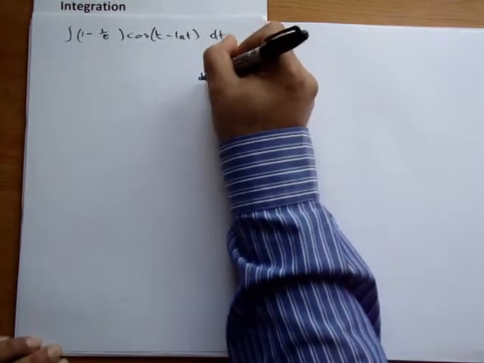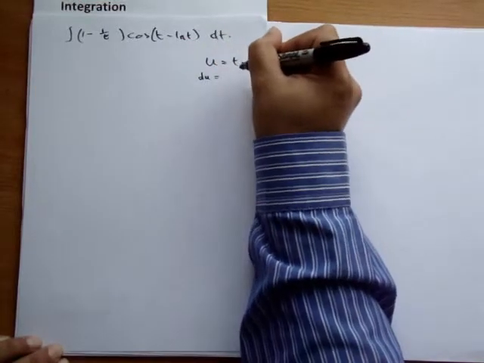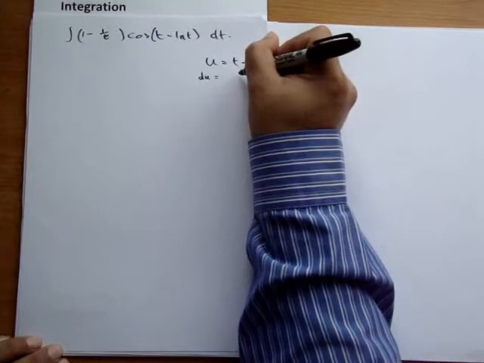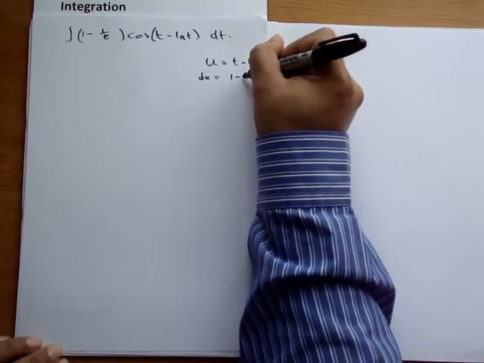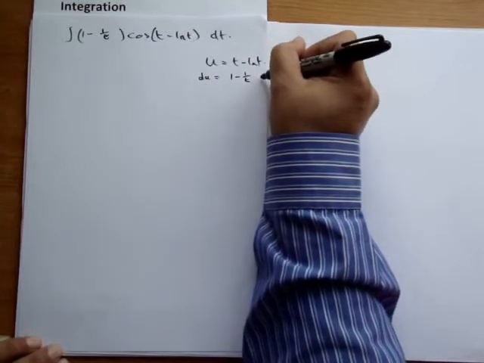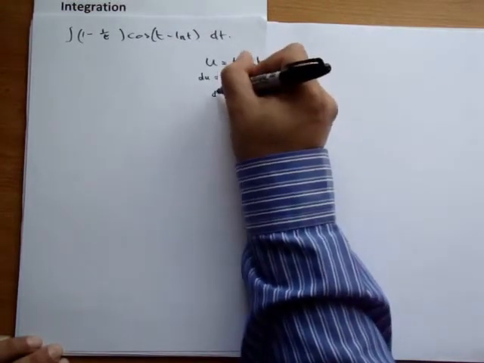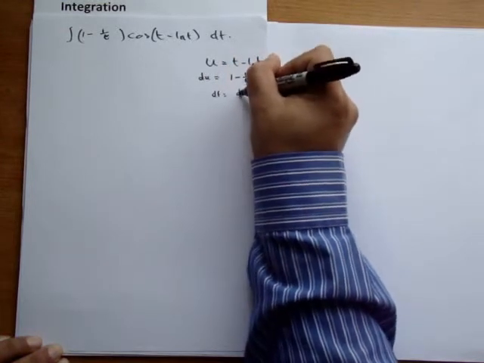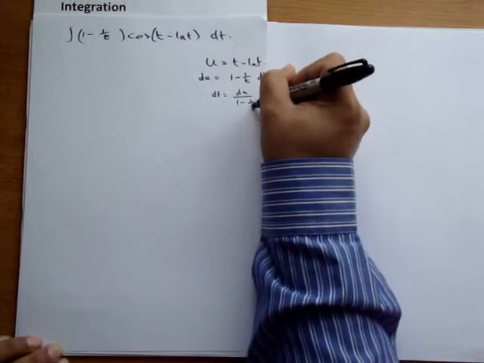So our du then becomes 1 minus 1 over t dt, and dt equals du over 1 minus 1 over t.